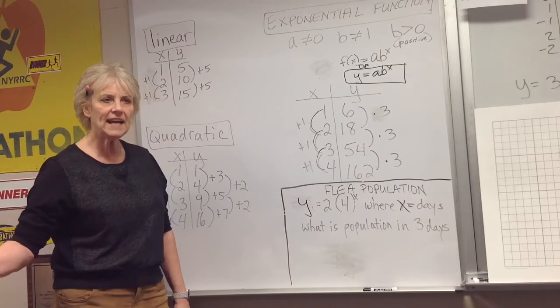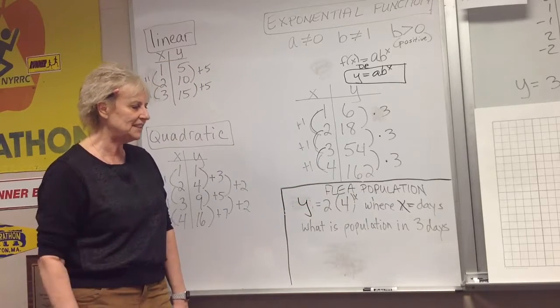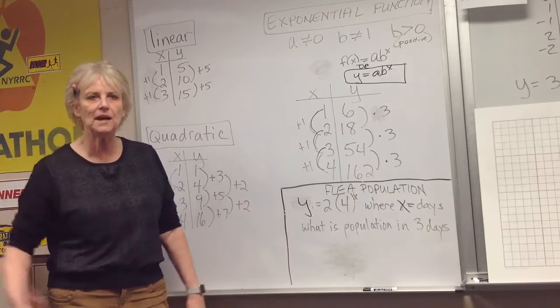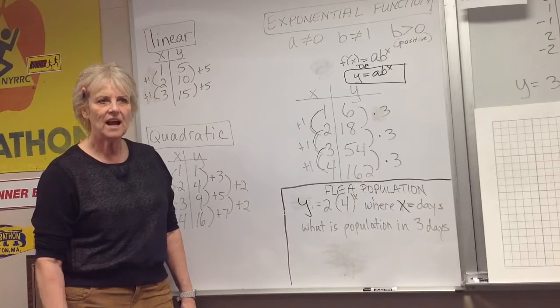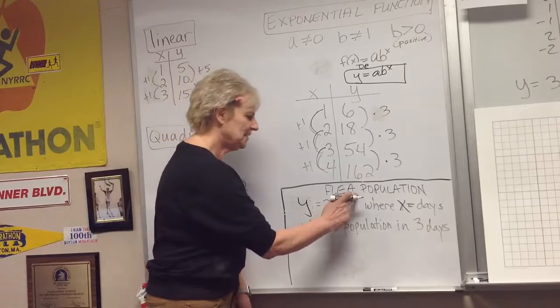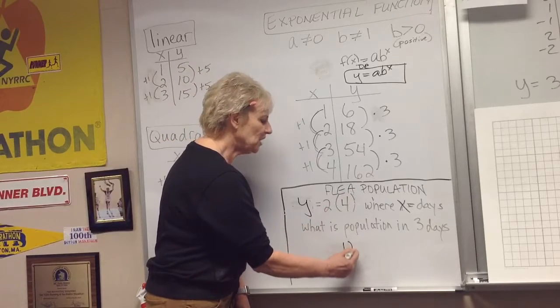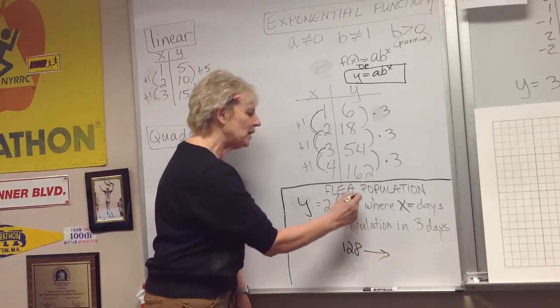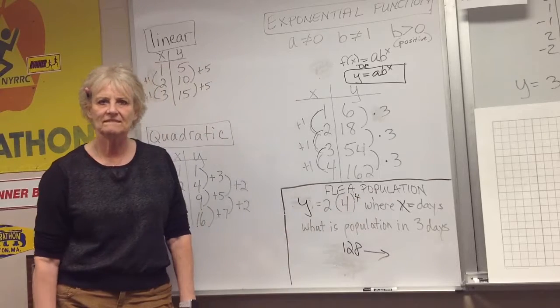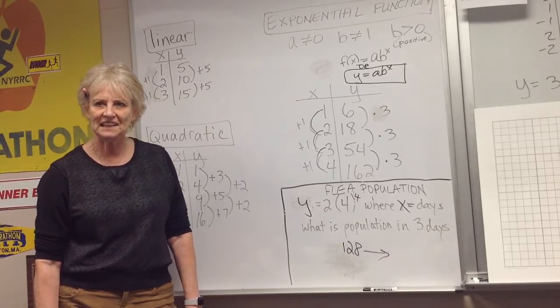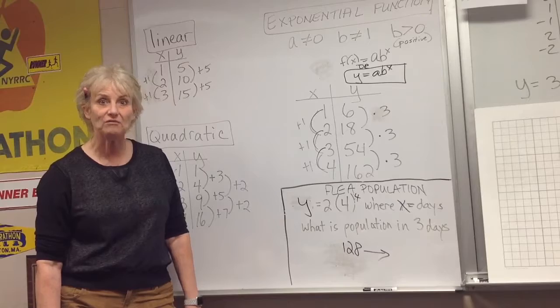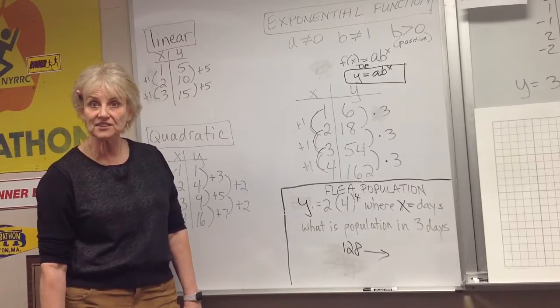In 3 days, it would be up to 128. How much in 4 days? It would jump. In just 1 day, it would jump from 128 to what? 512. They grow fast.